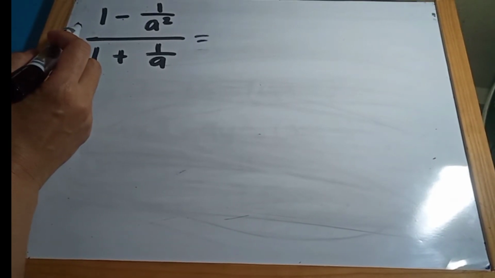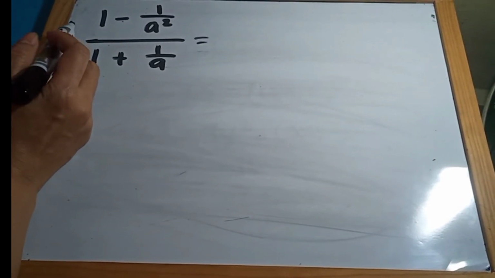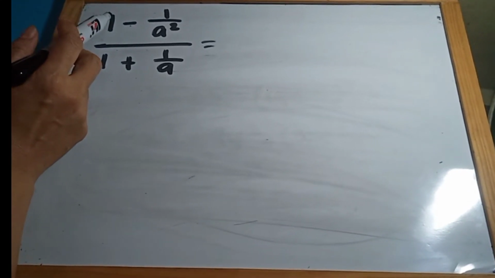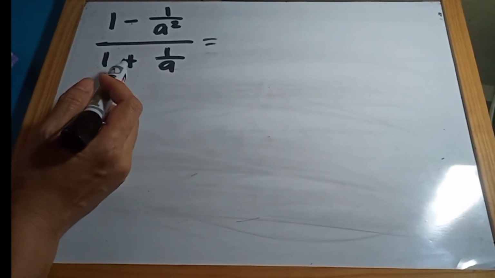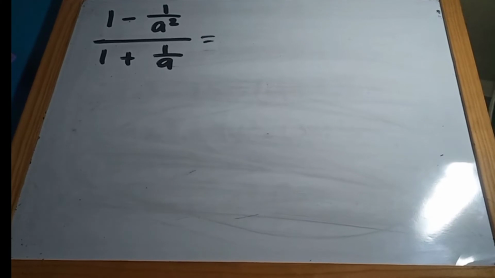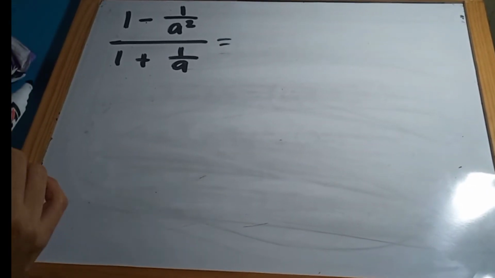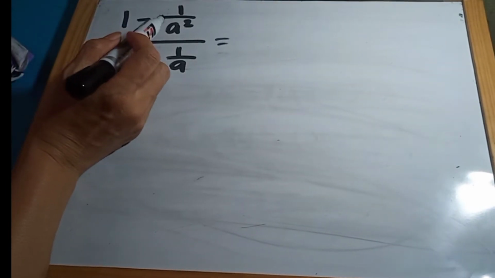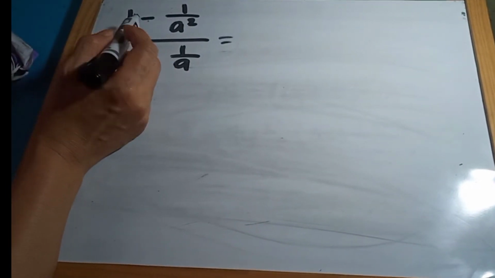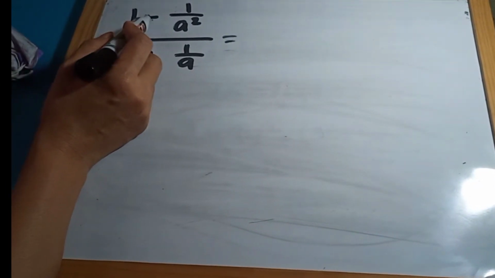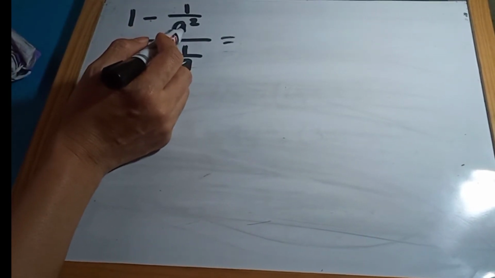This is a complex fraction. Kasi yung numerator natin is composed of a fraction and also the denominator has a fraction. So, first step, we are going to factor first the numerator. So, 1 minus 1 over a squared.